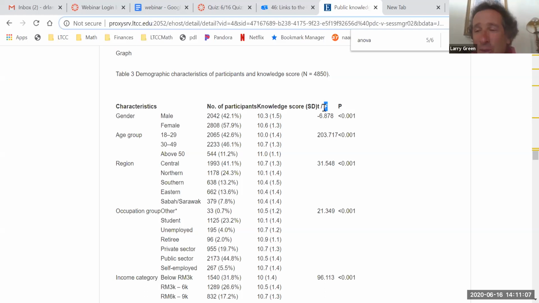So you can trust the mathematicians, but you should know that the test statistic is labeled F for ANOVA. That's really all you need to know. You don't need to know any of the formulas and equations. All you have to know is the letter for the test statistic for ANOVA. It's called the F statistic. Any questions on that? Not too bad?